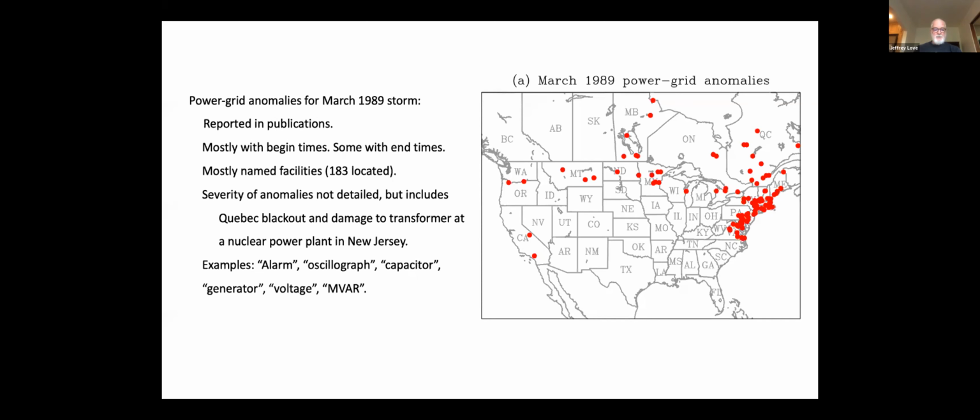And they are all different types, sometimes ambiguously described as an alarm, an oscillograph, a capacitor that could be tripped, a problem with the generator, voltage, MVARs, so inefficient transmission of electricity, all of which were reported as being associated with the 1989 storm.